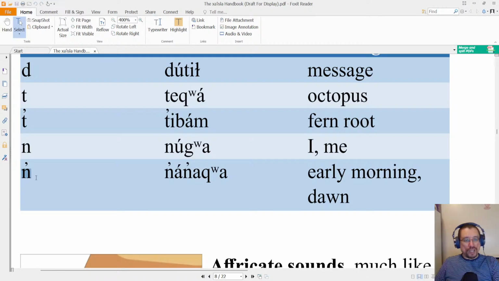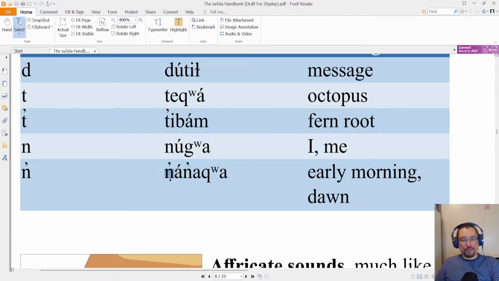And then we have the apostrophe on top of the N. This is a glottalized N. What happens here is that there is a slight pause in front of this symbol. There are two of them in this word. This is na'na'kwa.